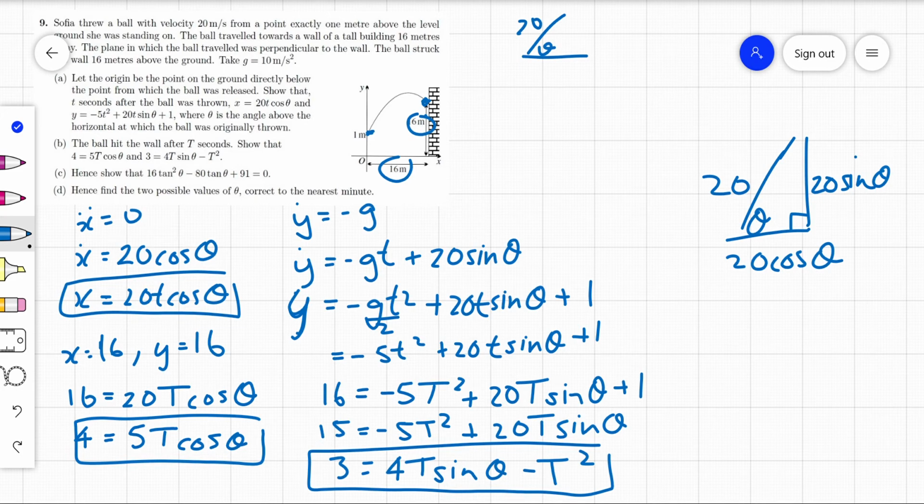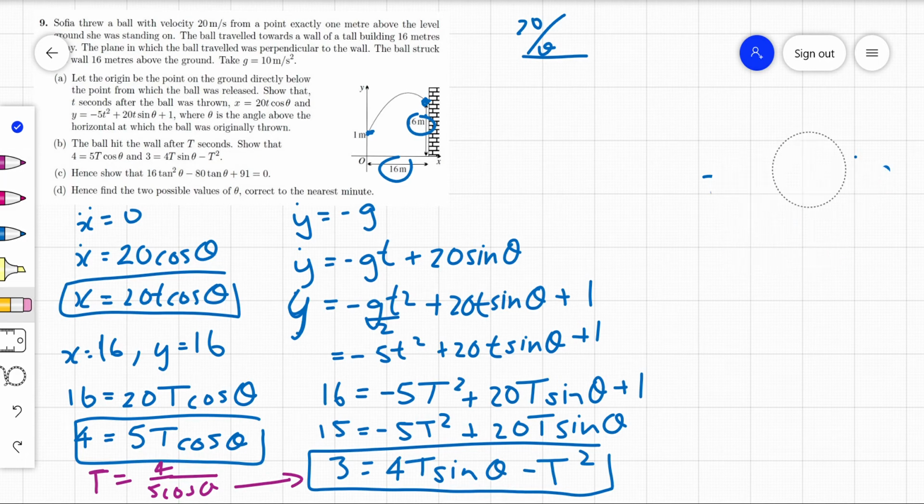Hence, show that, and we've obviously got a quadratic equation there. So how are we getting that? We're looking at these two equations we've just got, and if you make t the subject of the horizontal one, as we normally do, we've got 4 on 5 cos theta. We're going to sub that into our y equation.